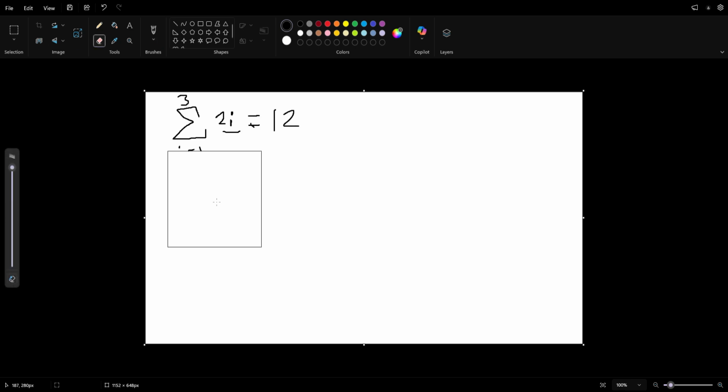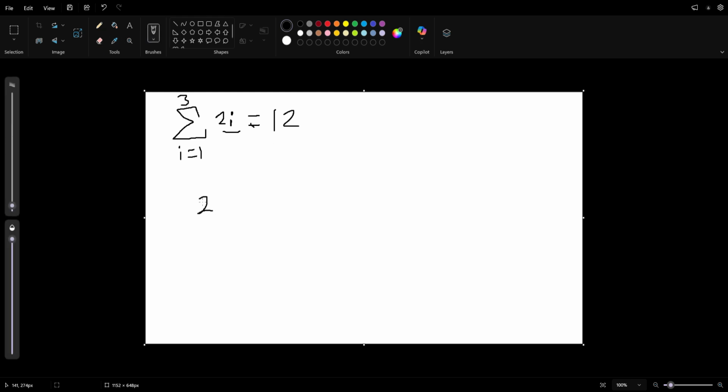I haven't taught this yet, but you can take out the 2. You can take it out of the Riemann sum, and now you're just left with i, and now you can just do the formula n times (n plus 1) divided by 2.